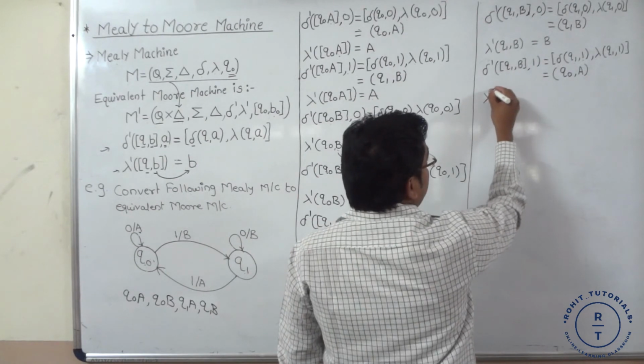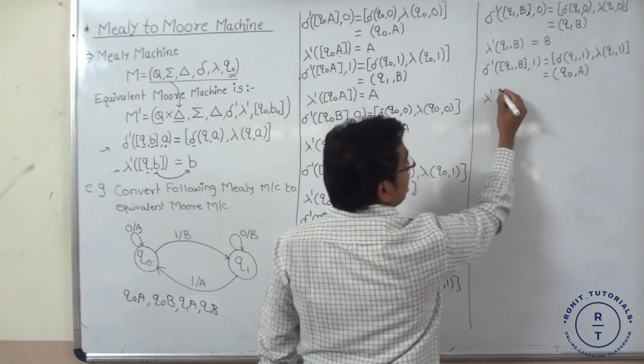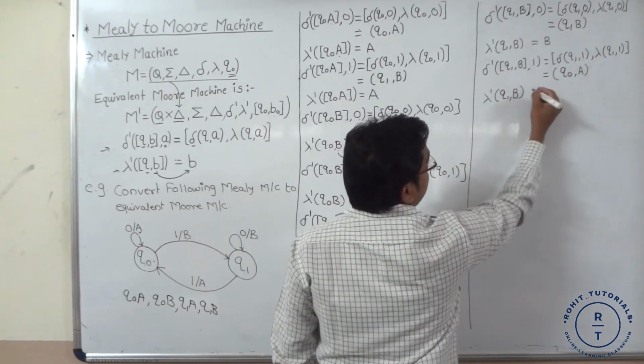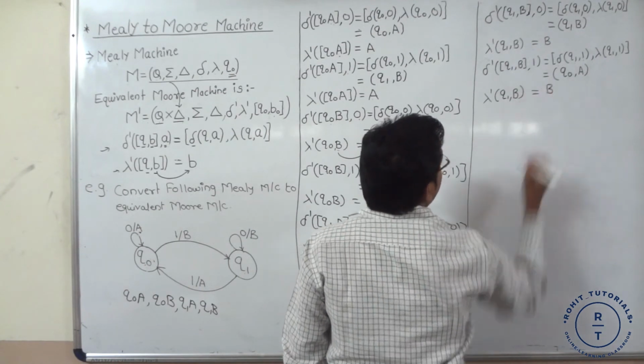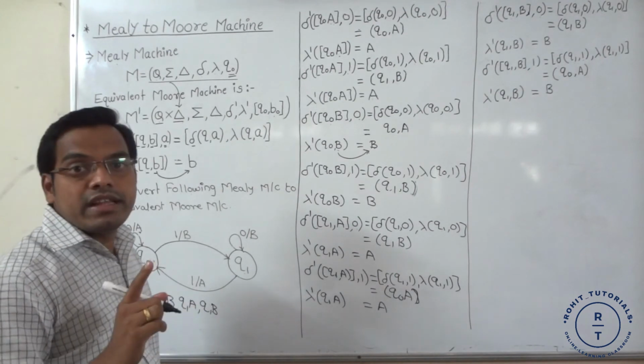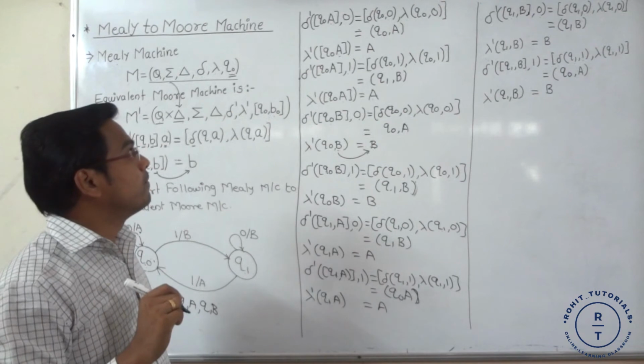Now next is the new output function lambda dash. For Q1 state, output is B, which is equal to capital E. So this is the newly generated transition function as well as output function.